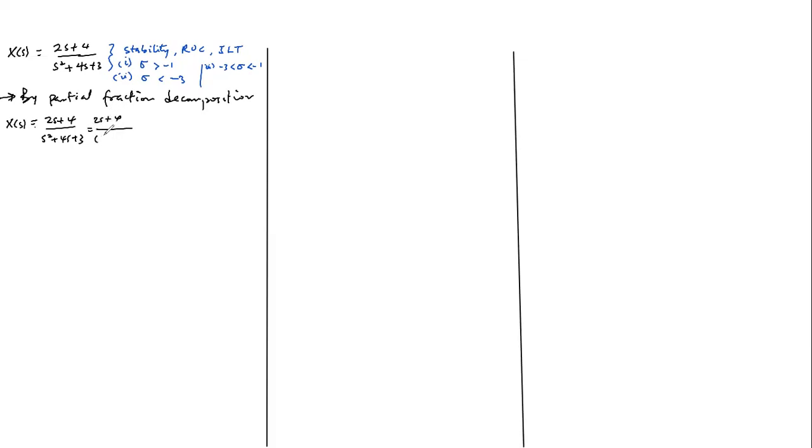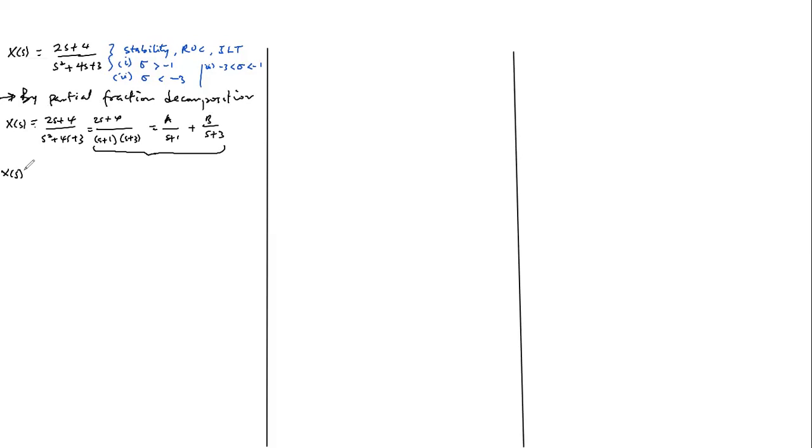So if we resolve this, that will be s plus 1 factors s plus 3. Partial fraction of this type will be A over s plus 1 plus B over s plus 3. So if we multiply this entire aspect by this denominator, we should be able to arrive at a solution.